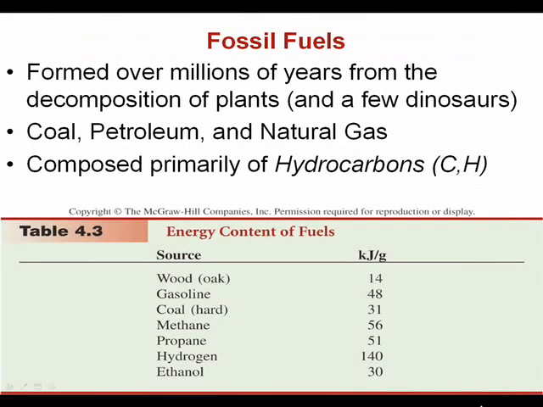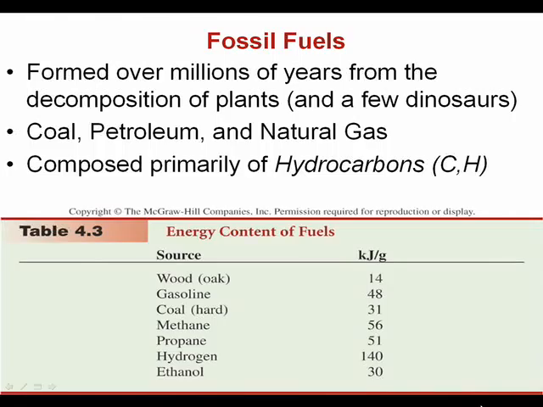Fossil fuels have been forming over millions of years. In fact, the predominant source was formed during the Carboniferous period about 360 million years ago. And they've been sitting around for 360 million years, and you saw that in the last 150 years is when we've started using them. So this is an incredibly new phenomenon for the globe.